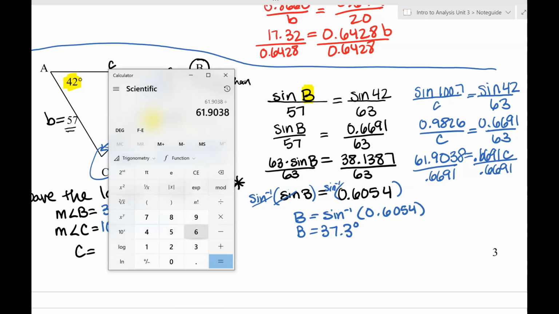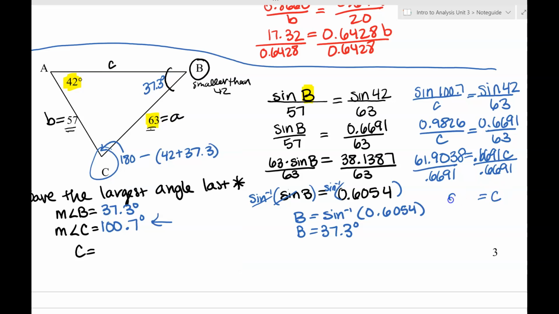And so I'm going to divide by 0.6691. And that gives me 92.5. And that's a side length because it's a lowercase c. And then there's my solution for this triangle.